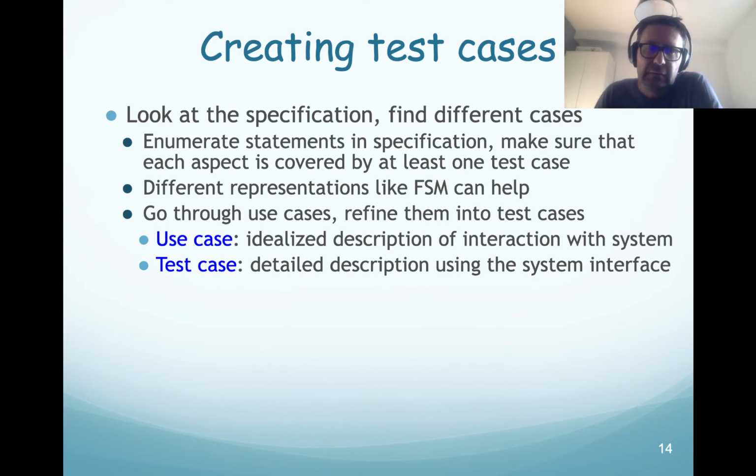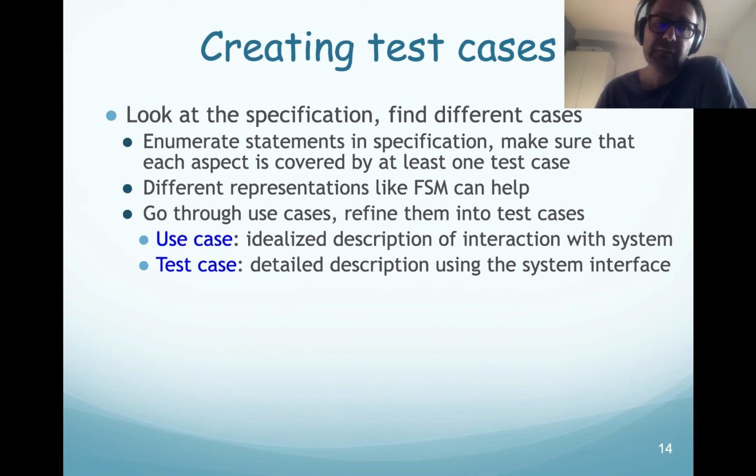So how do you do this? Well, you look at the specification, whatever form it has, and you try to come up with test cases. You're generating test cases from your understanding of the specification. So you can enumerate statements in the specification, like if there are individual requirements, like we said, try to cover them. You can have models of the behavior.